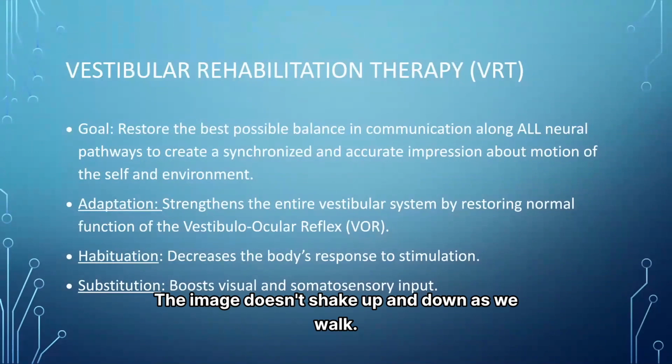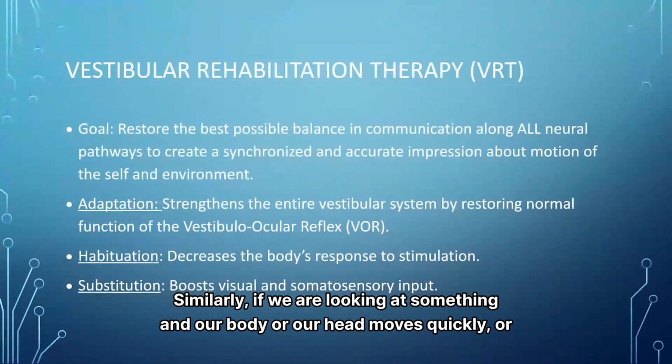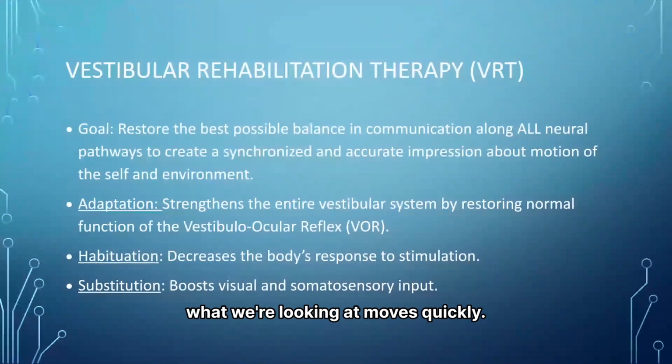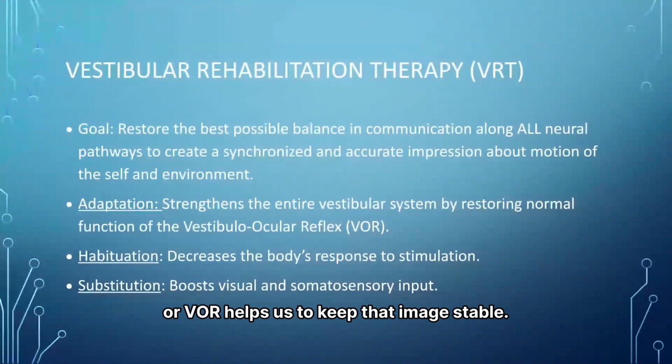The image doesn't shake up and down as we walk. Similarly, if we are looking at something and our body or our head moves quickly, or what we're looking at moves quickly, our VOR helps us to keep that image stable.